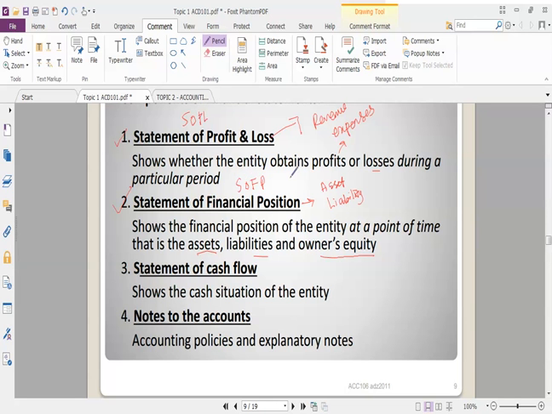The statement of cash flow we will discuss later, maybe in the last topic. Notes to the accounts are also included in the financial statement, but for Principles of Accounting we are not going to discuss them.